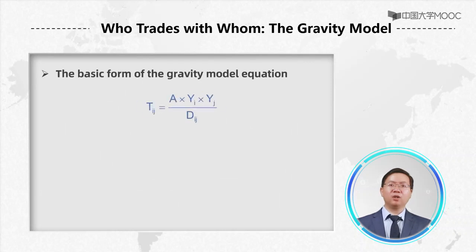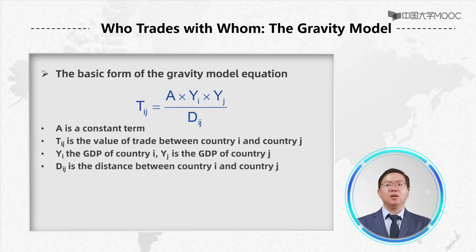The basic form of the gravity model equation is Tij equals A multiplied by Yi multiplied by Yj divided by Dij, where A is a constant term, Tij is the value of trade between country i and country j, Yi is the GDP of country i, Yj is the GDP of country j, and Dij is the distance between country i and country j.